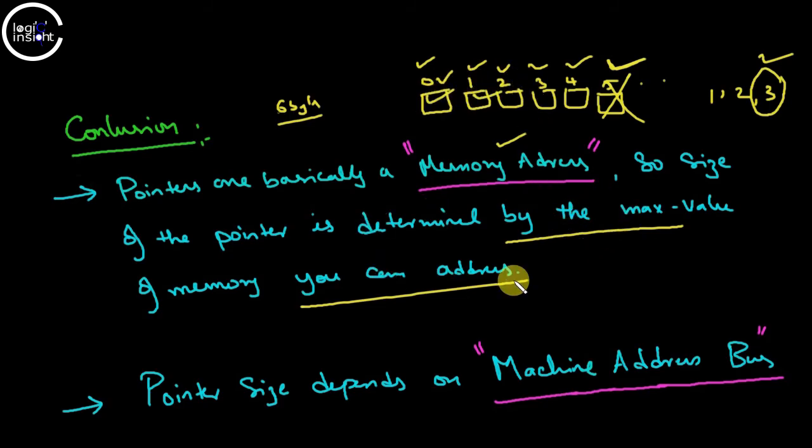So that is the meaning, so that I can determine how many bits are required for the address line. From that I can determine how many bytes are required for the pointer. So in this case I need 1 byte of pointer so that I can represent the addresses.